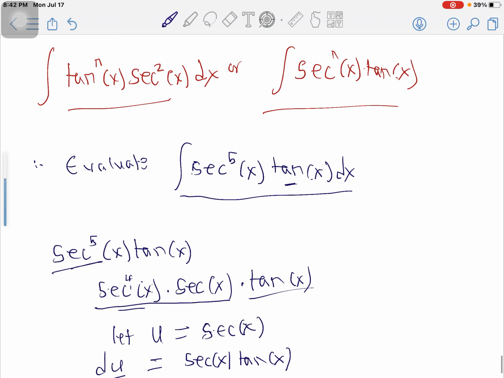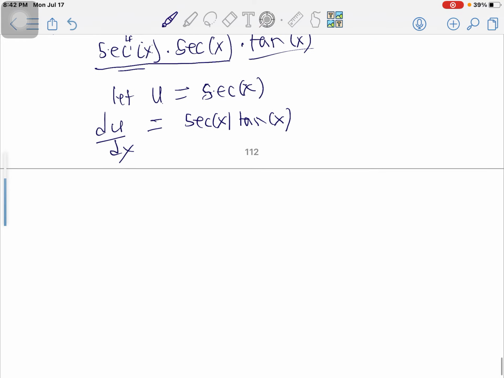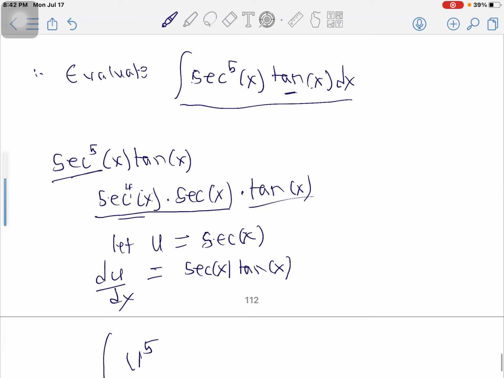And don't forget that since we said let u equal sec x, we find du/dx equals sec x tan x.